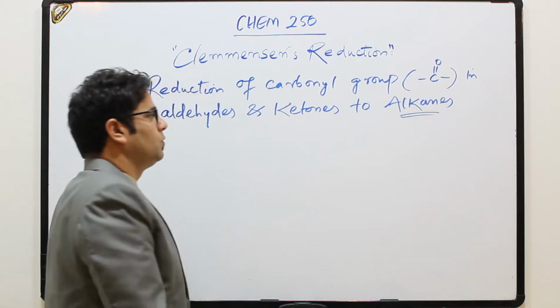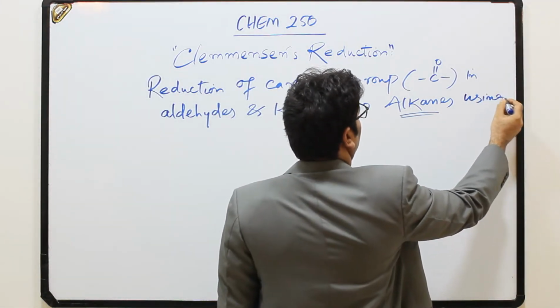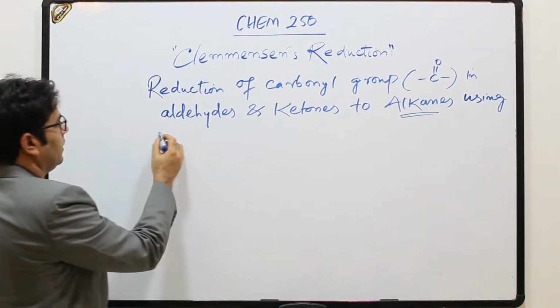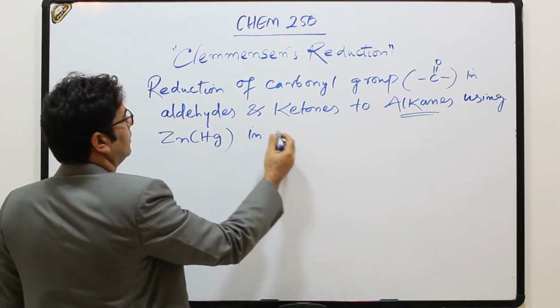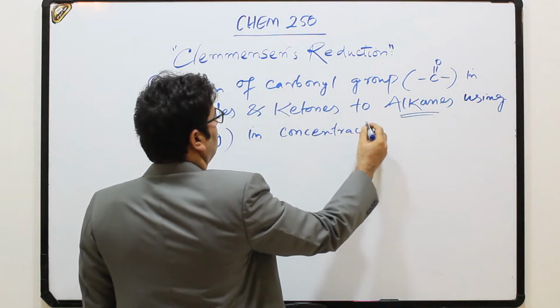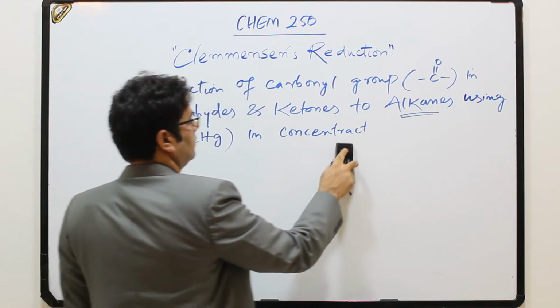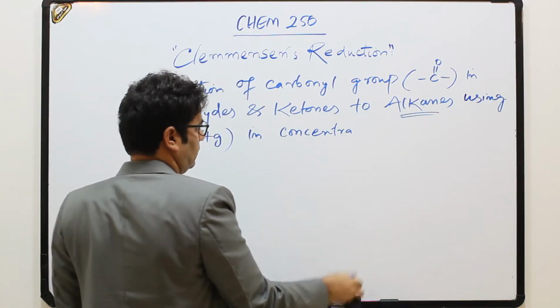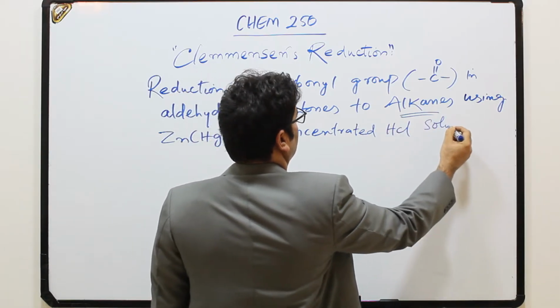So carbonyl group to alkanes using zinc mercury amalgam in concentrated HCl solution.